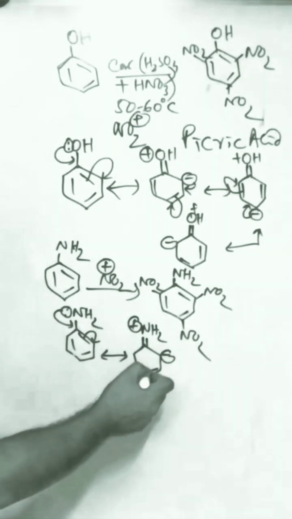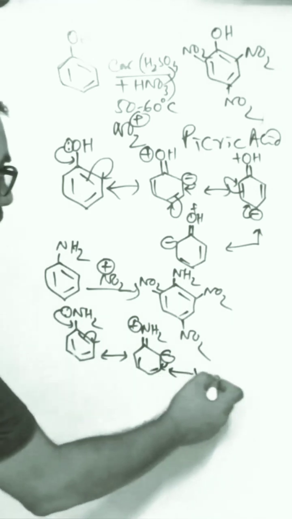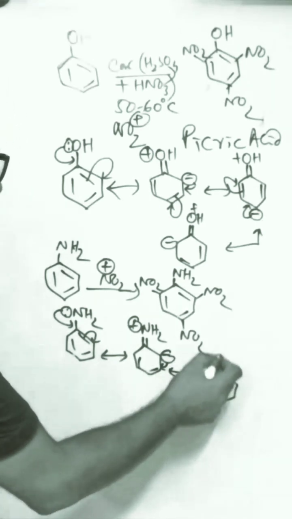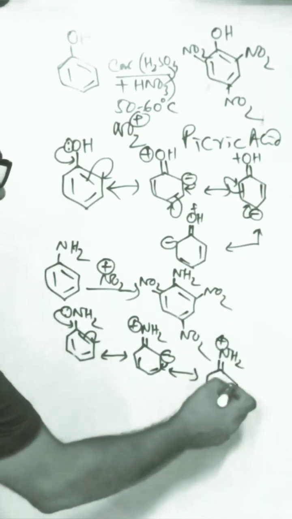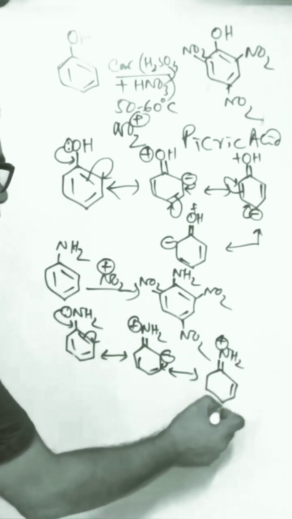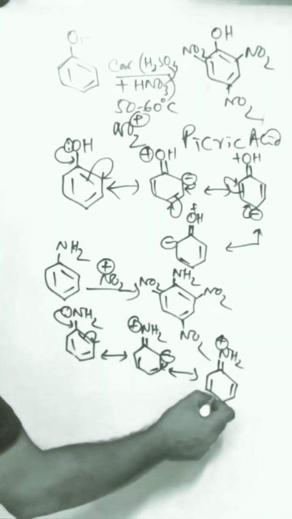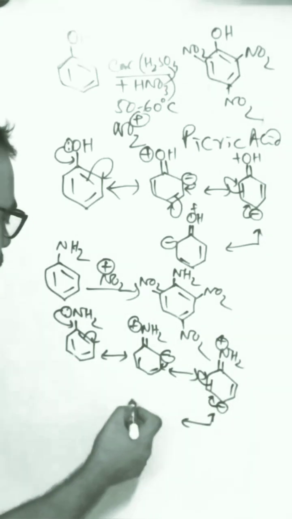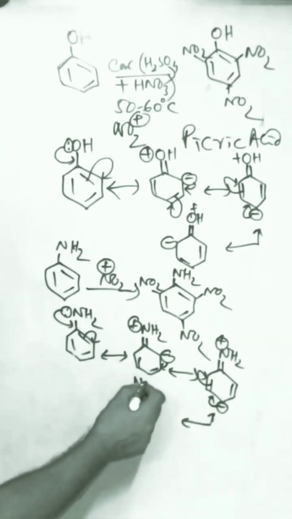A pi bond shifts in a similar way to form another resonating structure, as we have seen in the case of phenol. Here a double bond, negative charge, double bond. Again the negative charge converts into a double bond, which converts into a negative charge to form another resonating structure.